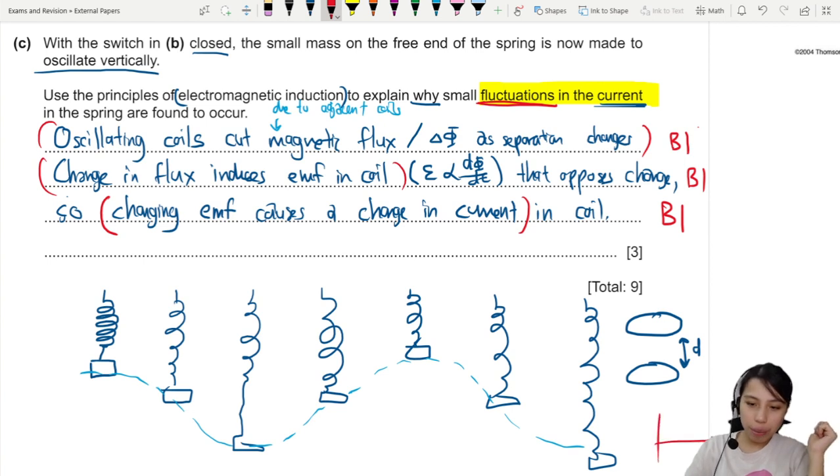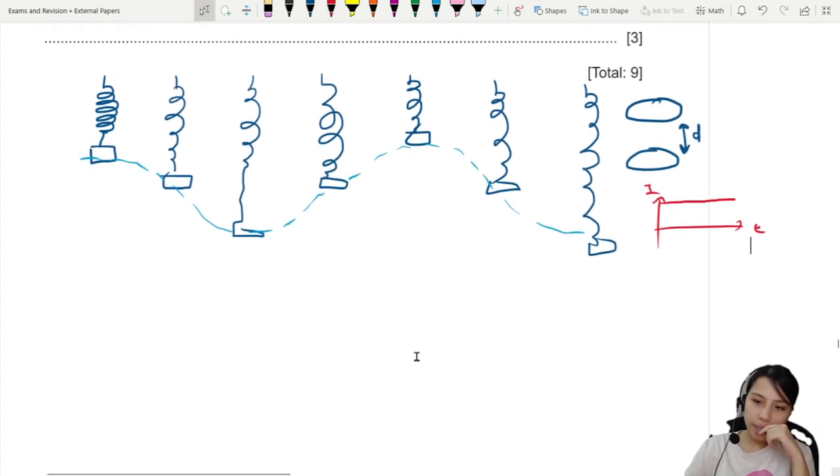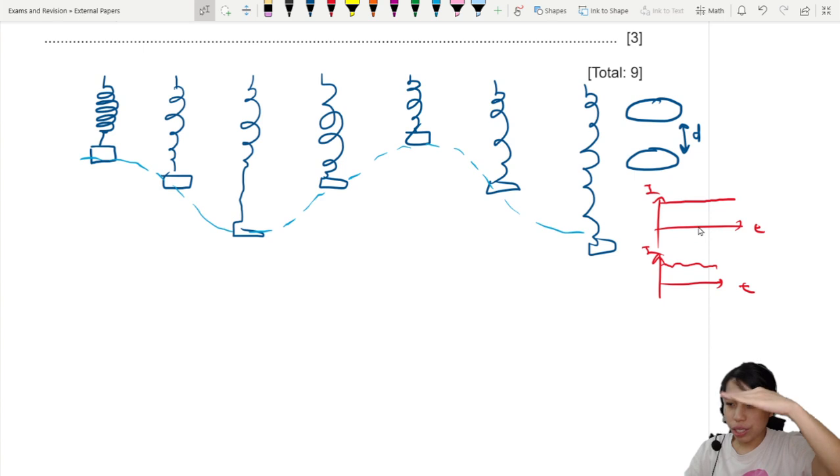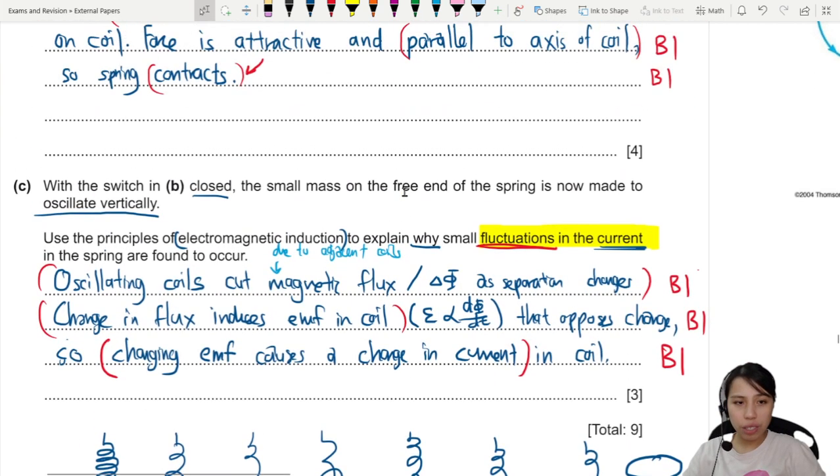So your current won't be steady, although it's a DC circuit. It will probably do a little bit of a wavy thing. So some kind of fluctuation because of the induced EMF that opposes the change.